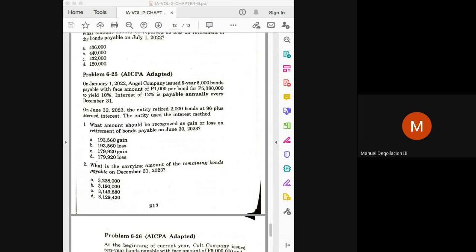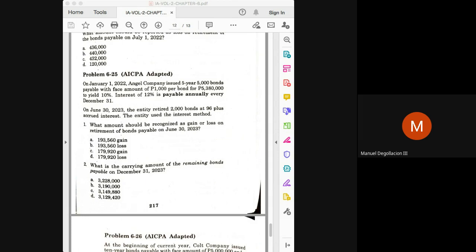We begin with 5,380,000. We multiply 5,380,000 by the effective interest rate of 10%. So the interest expense is 538,000. Compare the 538,000 with the fixed interest payment, which is computed by multiplying the face value with the stated interest rate.